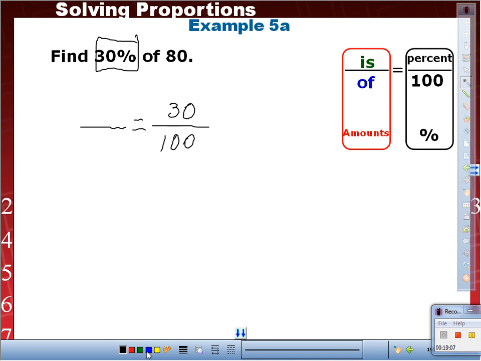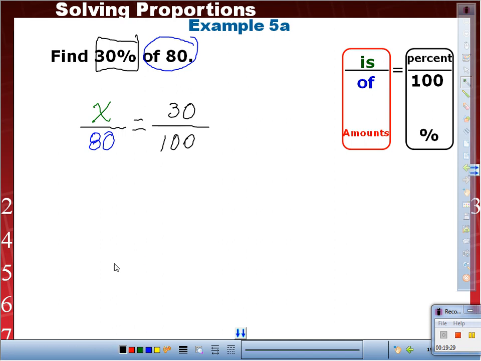Next, what else do they give us? Of 80. I write that in blue so you can see it in the proportion. Where should that go? In the bottom, that's 80. Since we don't know what that number is, we're going to write x, and now we can cross multiply.